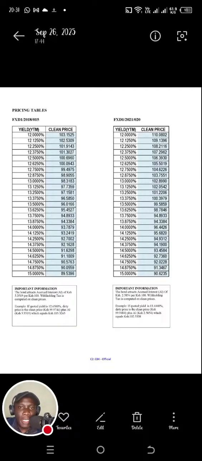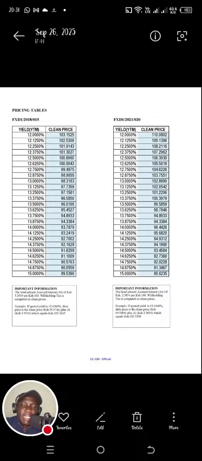I said something about competitive bidding and non-competitive bidding. Non-competitive bidding is where, as a small investor, I'm telling the Central Bank of Kenya, whatever interest rate, whatever yield is determined by the market, I'm comfortable with it.